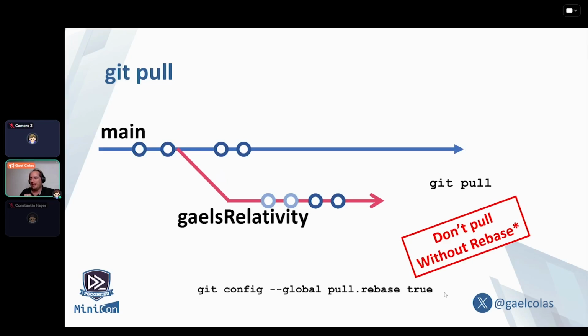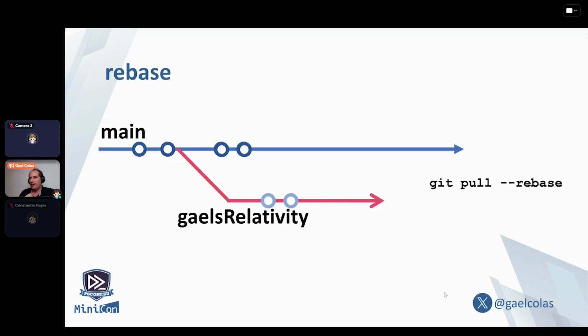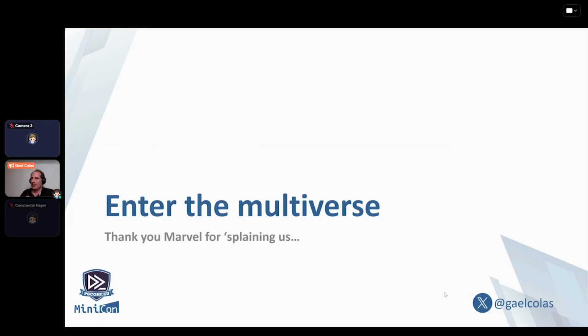But that's when you don't rebase. So configure your pull rebase to true. And then the next time it will rebase, it will set aside the commits that you've made. It will, again, pull the changes and re-add your events at the end. So then you're only left with the addition that you've made to it.